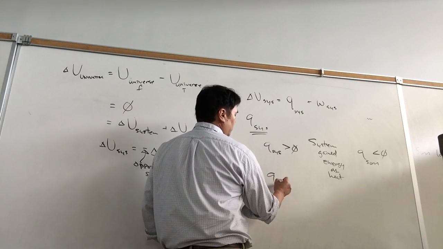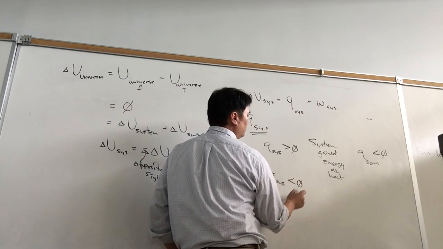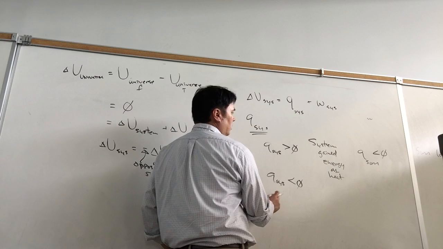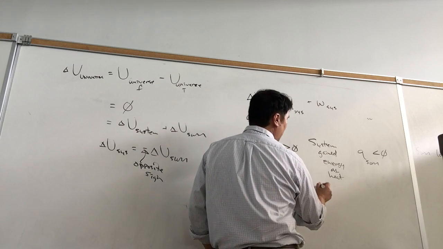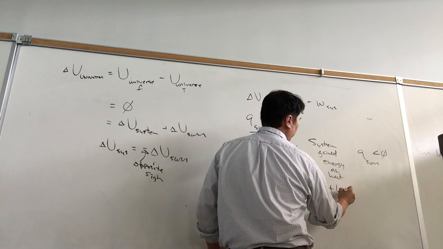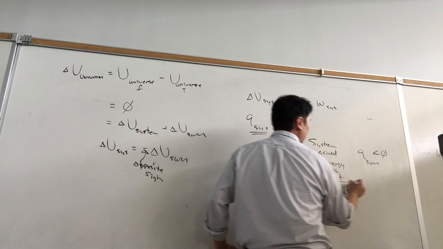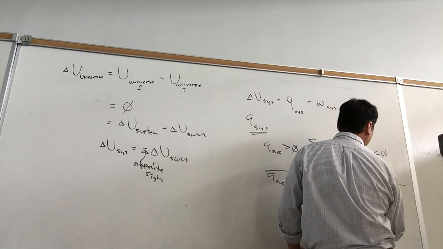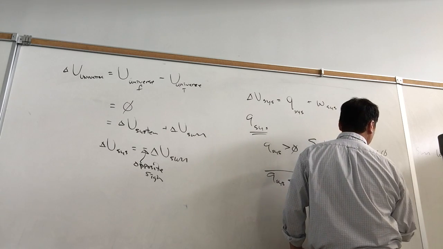If Q of the system is less than 0, then the system lost energy and the surroundings gained energy, or lost heat, gained heat.